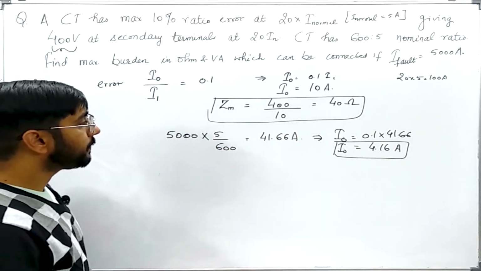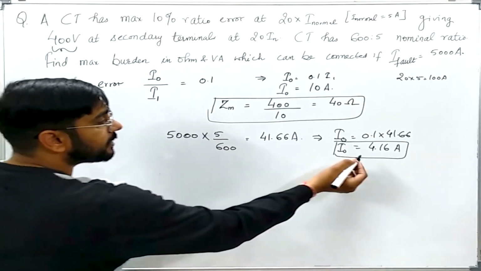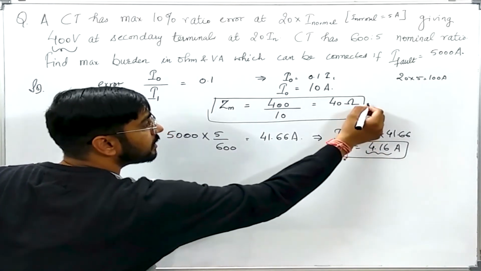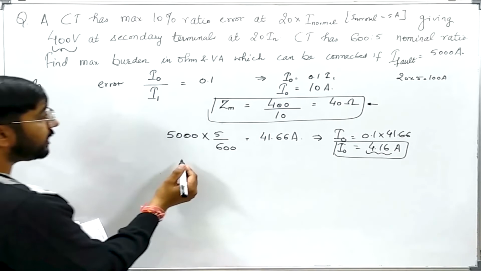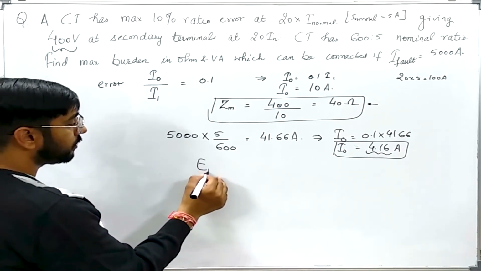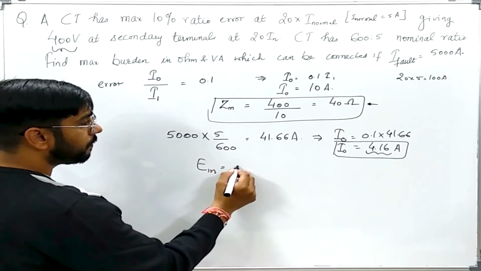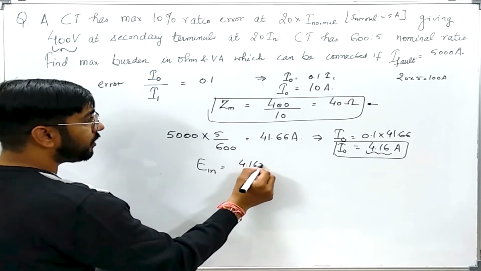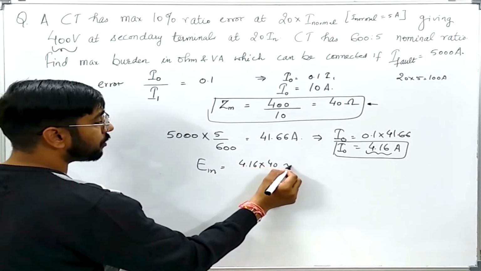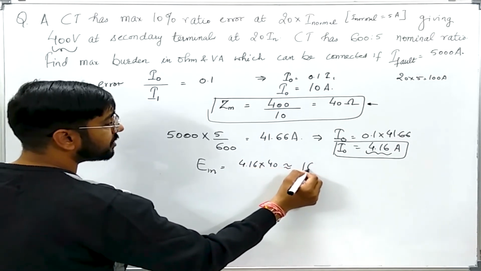Now you see that if this current is flowing in this impedance, then the induced voltage will be equal to 4.16 into 40, which is approximately equal to 167 volt.